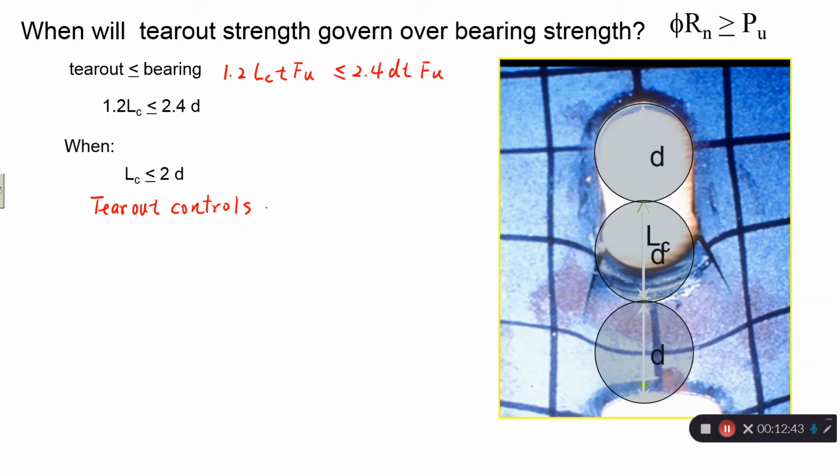Tear out controls, that means my VRN for this bolt will be equal to 1.2 LC t Fu. Otherwise, bearing controls.